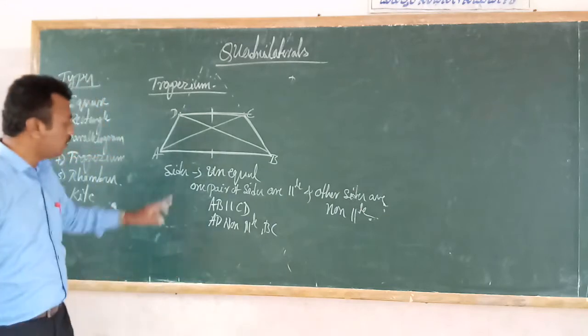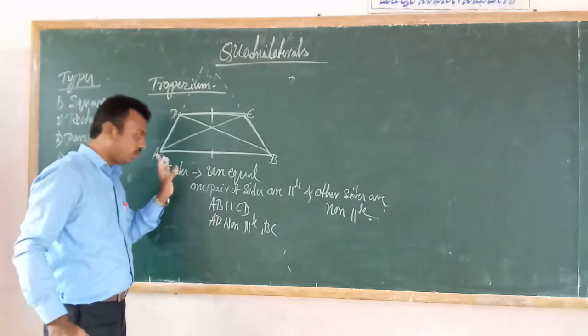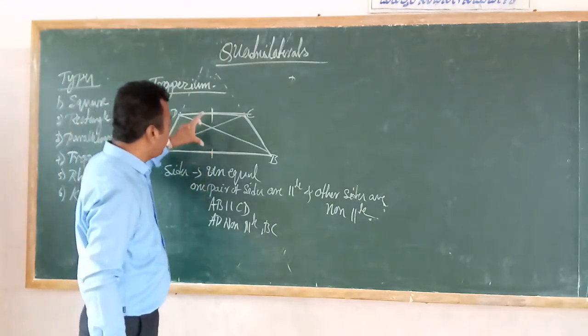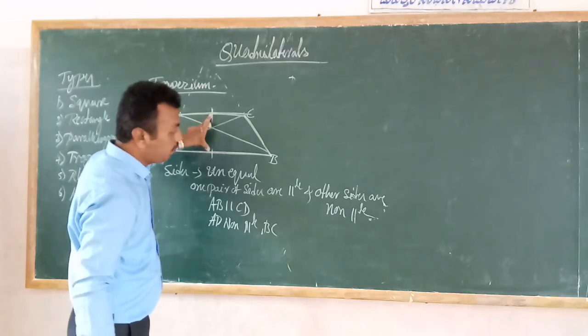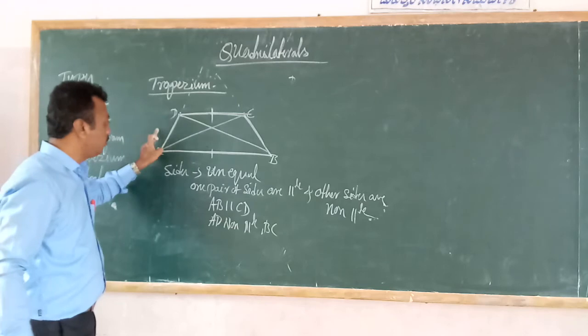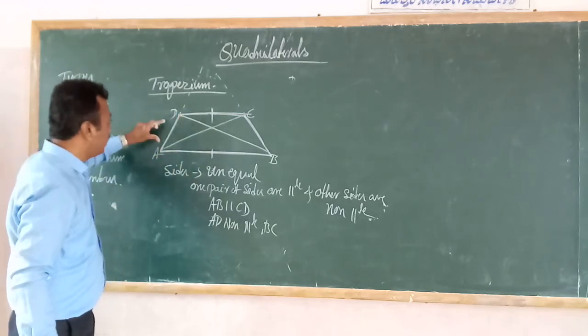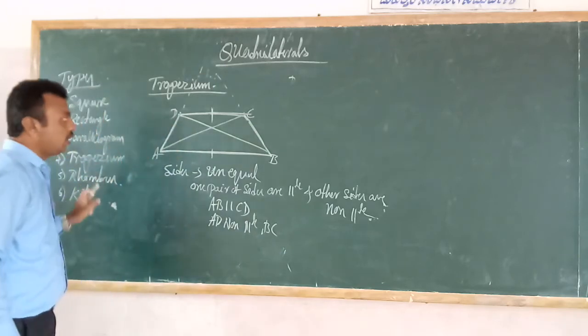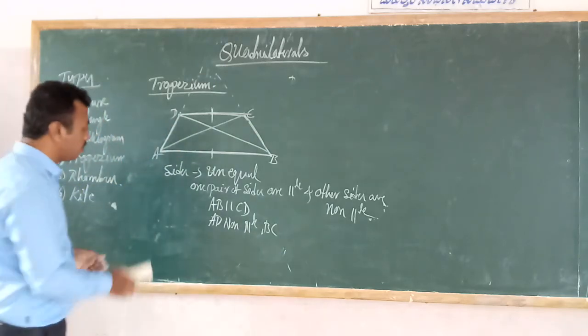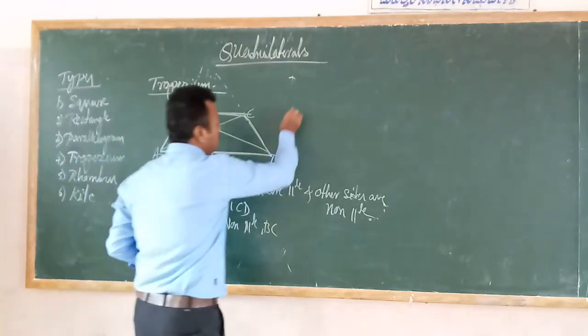So what are the properties? Sides are unequal, one pair of sides is parallel and the other pair is non-parallel. AB is parallel to CD, but AD is not parallel to BC. That's why we call this shape a trapezium.